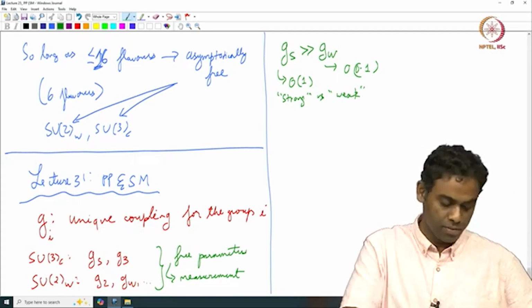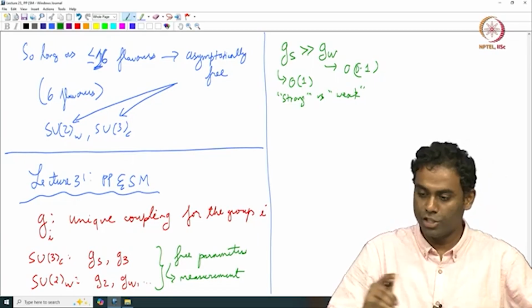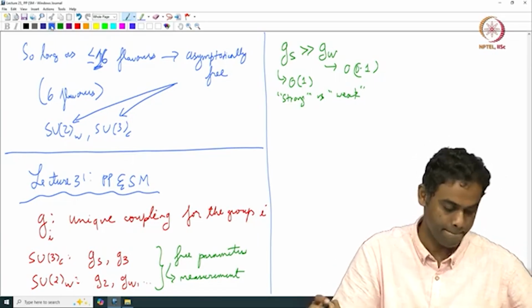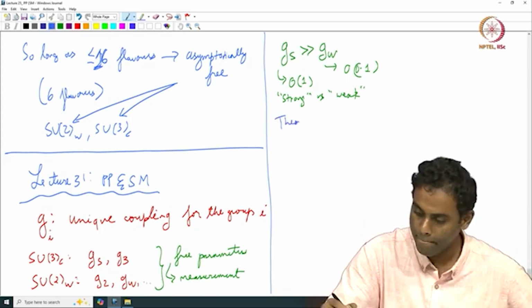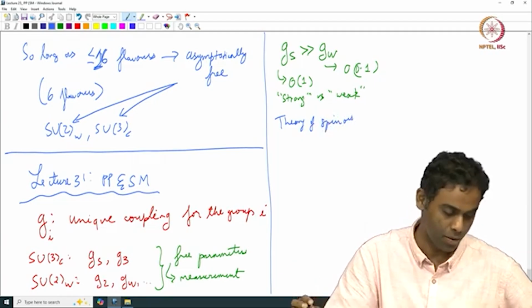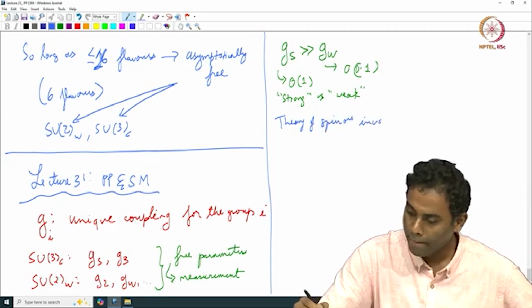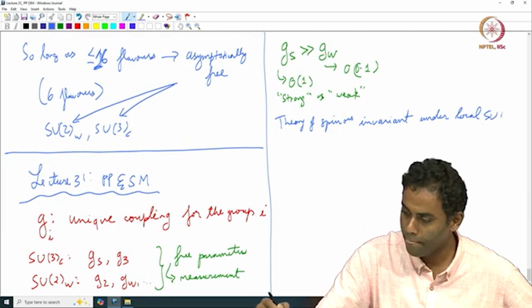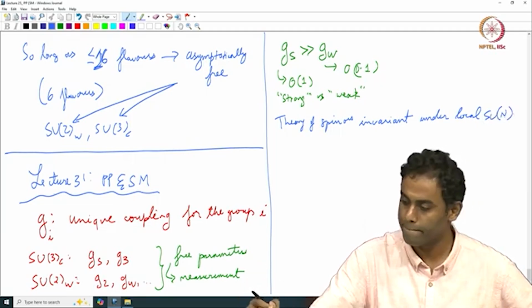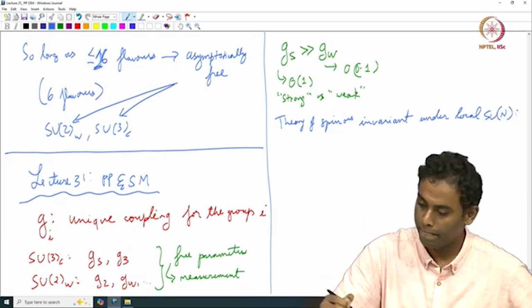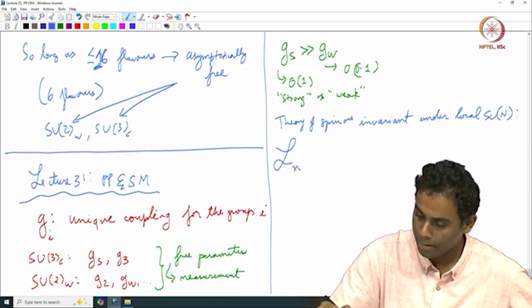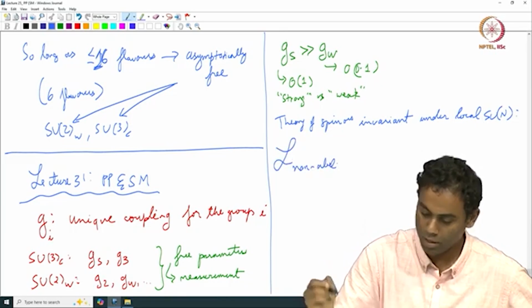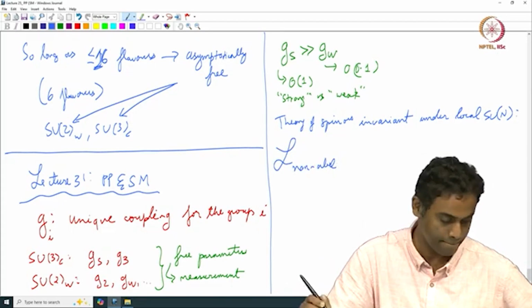Now we are ready to write down a generic Lagrangian. I'm going to call it a theory of spinors, invariant under a local SU(N). How would that look? Because it's non-abelian, let me put it that way.